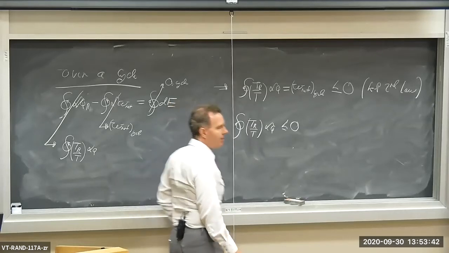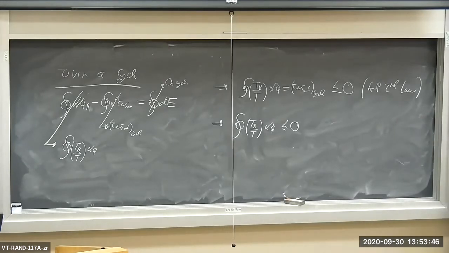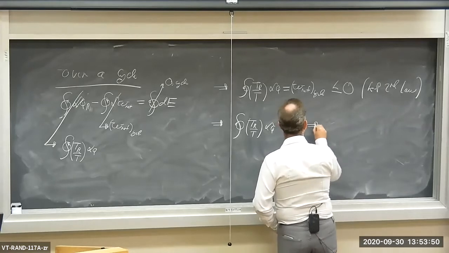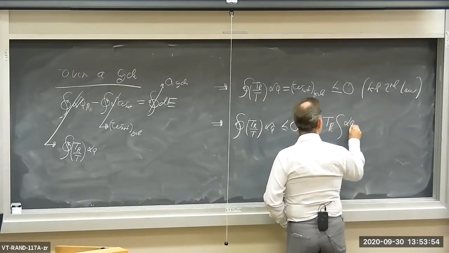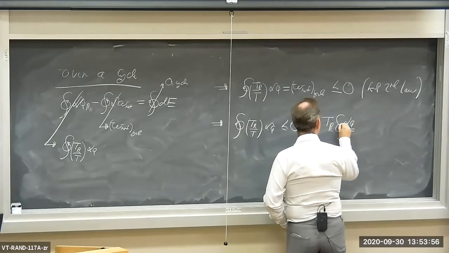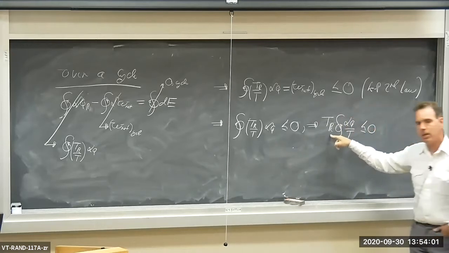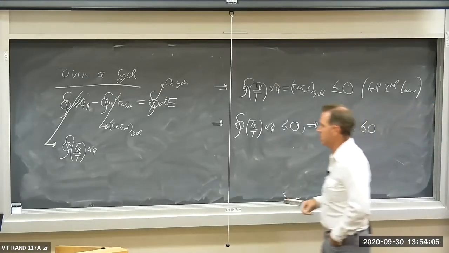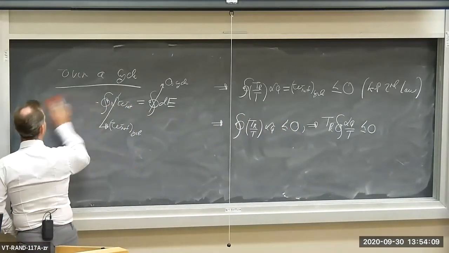Then I can divide both sides by the reservoir temperature to get rid of TR. So we have TR times the integral of del Q over T over a cycle is less than or equal to 0. Then I divide both sides by TR, and I still get an integral which is less than or equal to 0.